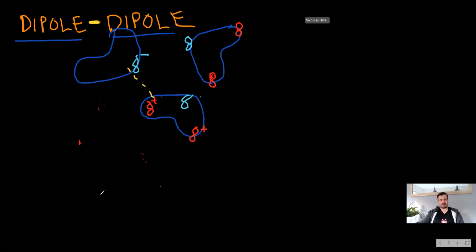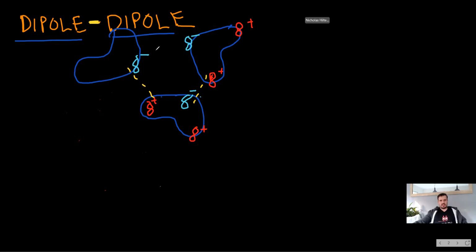Okay, and so the molecules align themselves in order to be attracted, so that the attraction between the positive and the negative happens. And so we have these positive, negative, negative.